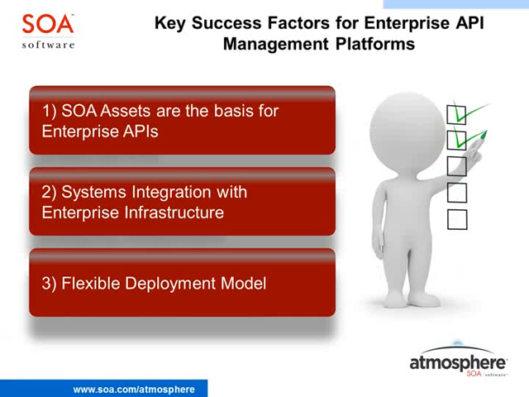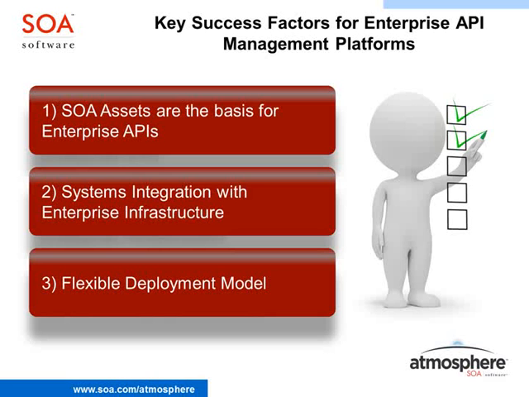So just to review, again, we have number one, enterprise services as the basis for a successful enterprise API program. Number two, to ensure that one doesn't build an enterprise API management platform as an island outside of the existing enterprise architecture. So systems integration and the ability to leverage existing enterprise assets is of key importance.